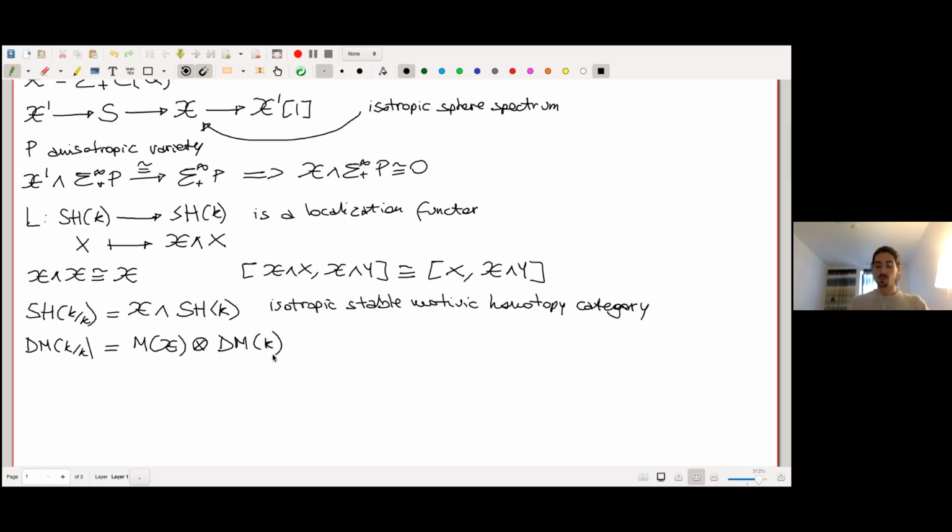Once we have this category, we can define isotropic stable motivic homotopy groups of a spectrum.